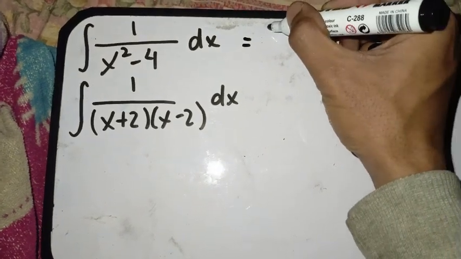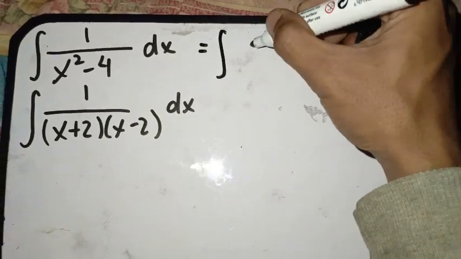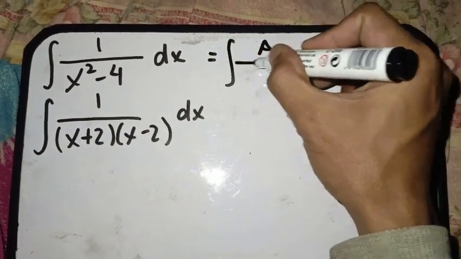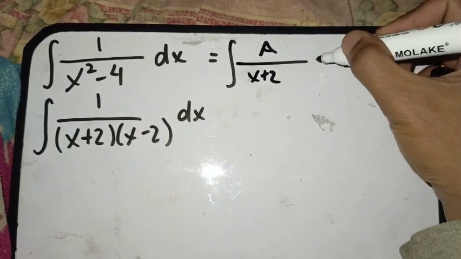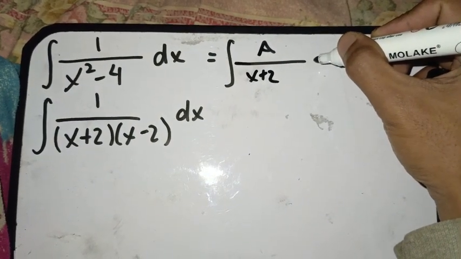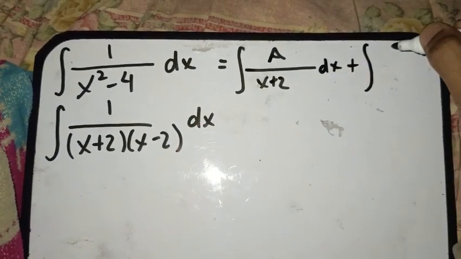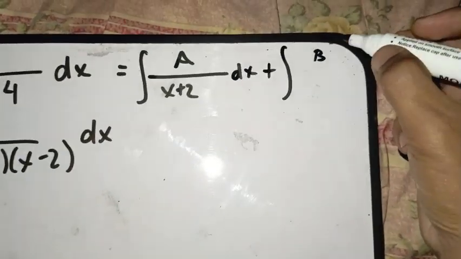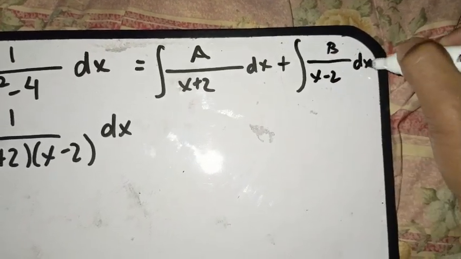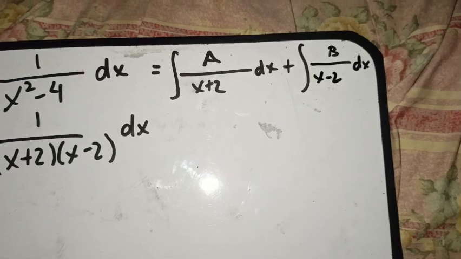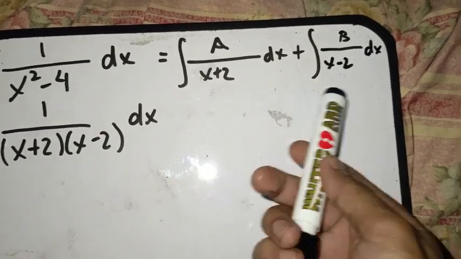First, we have the integration of our first part, which we're going to call A over x plus 2, dx, plus our integration, which is B over x minus 2, dx. So now we have our two parts.